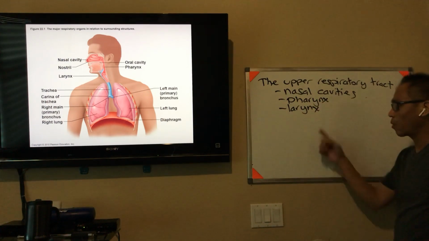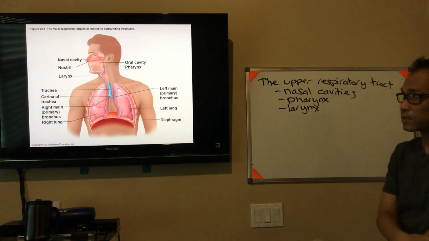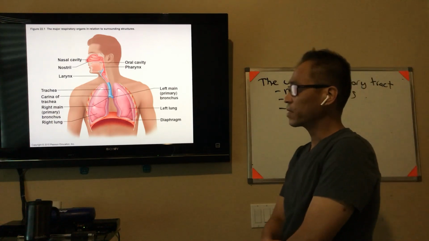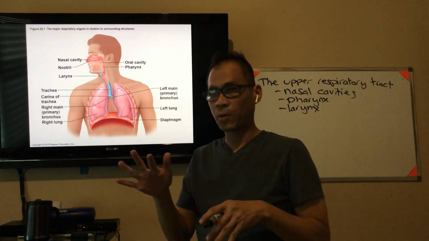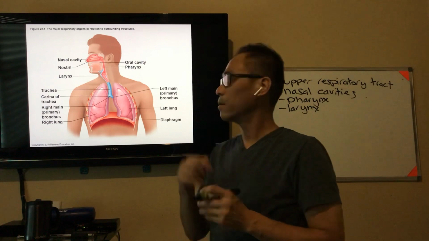Pharynx is basically your throat, larynx is basically your voice box. And larynx is pretty much the border between upper and lower respiratory tract.